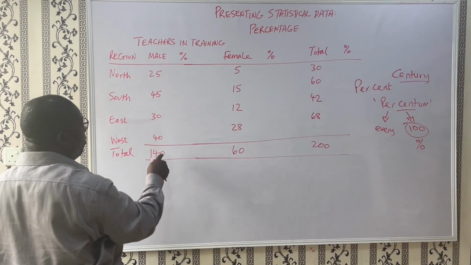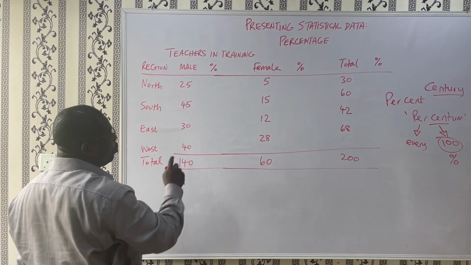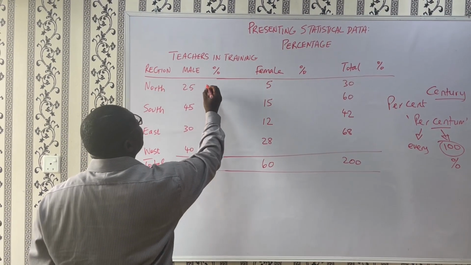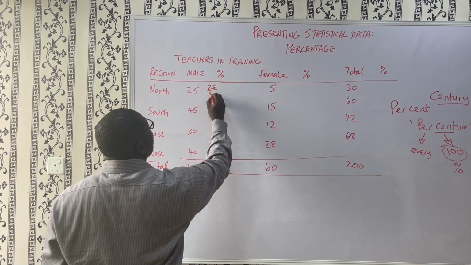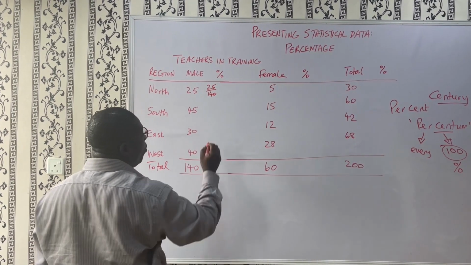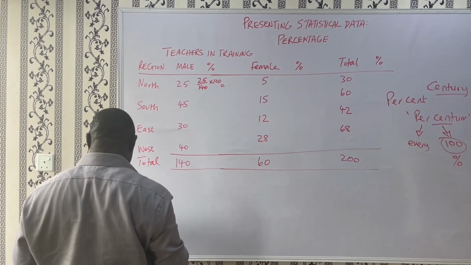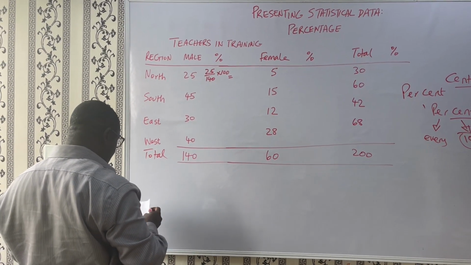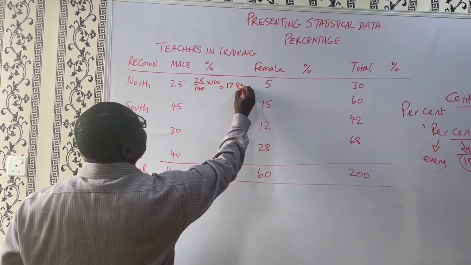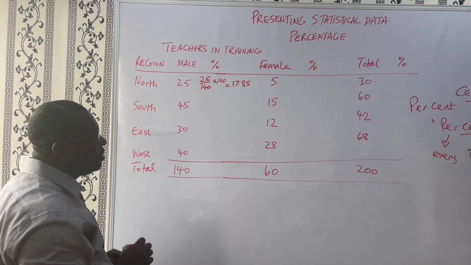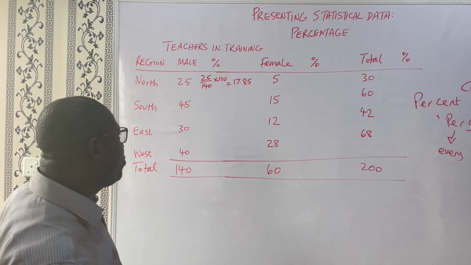So to get the percent, we are going to do 25 divided by 140, which is the whole, times 100, and that gives us 17.85%. You use your calculator, that's what you have.